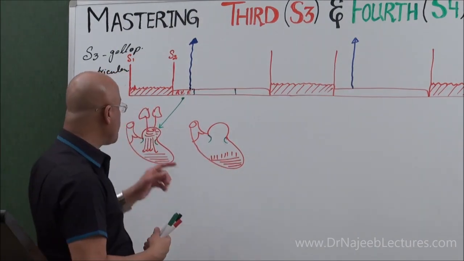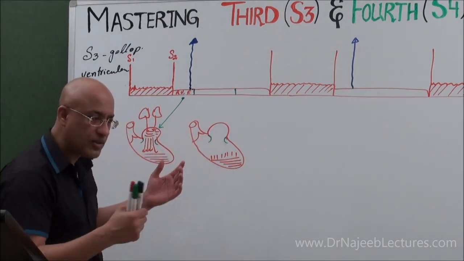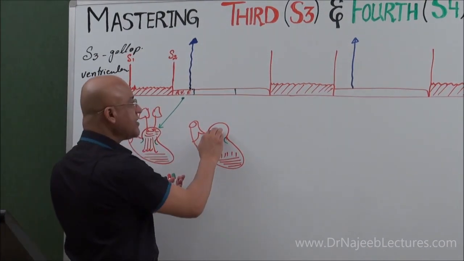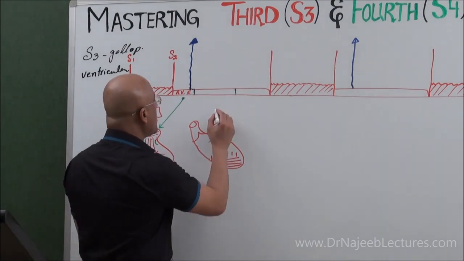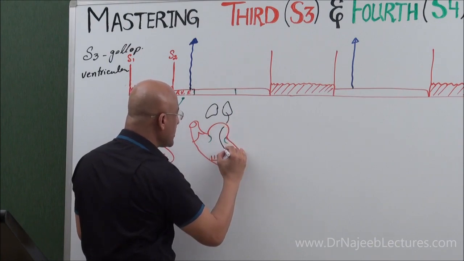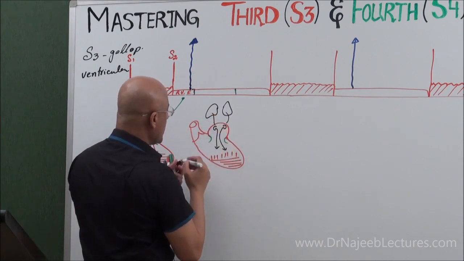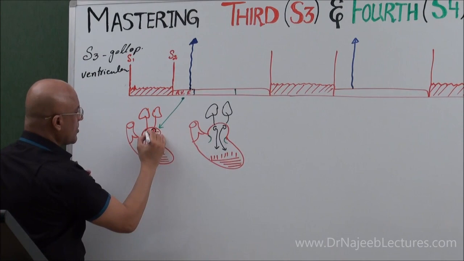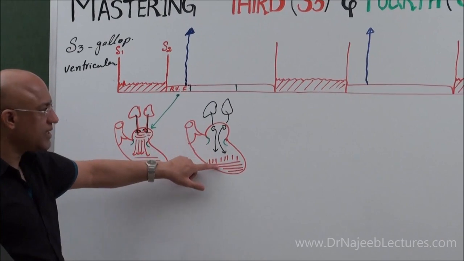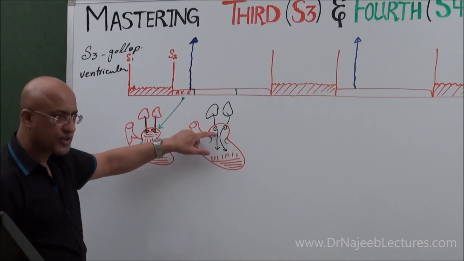The question is why previously it was rapid filling and why in the middle it is slow. The answer is very simple: previously accumulated blood rushed in, but at this time there is no accumulated blood, only the venous return coming to the atria.